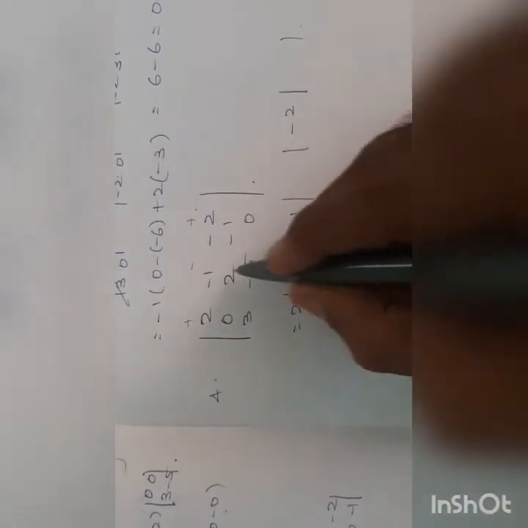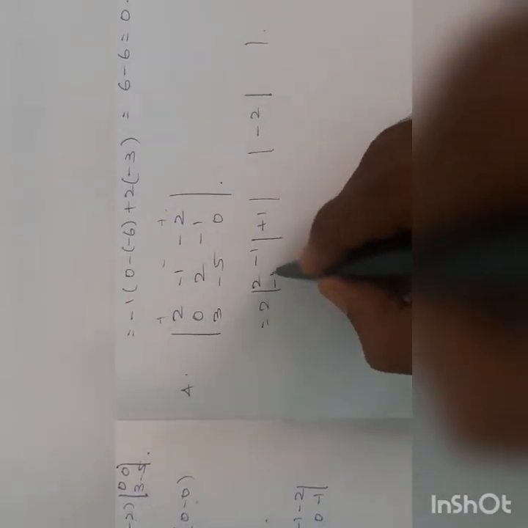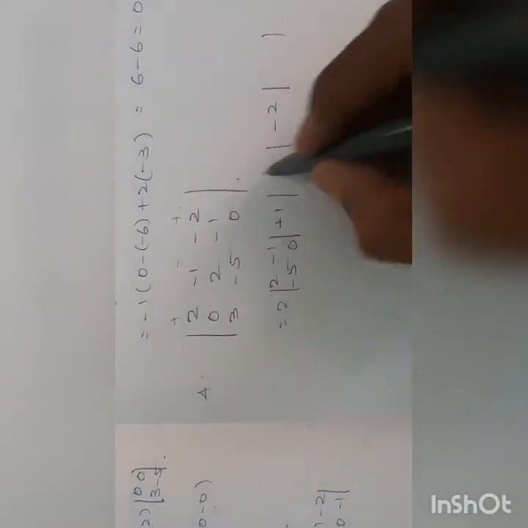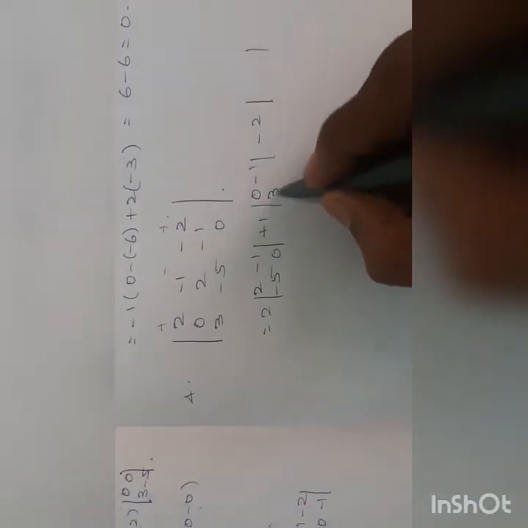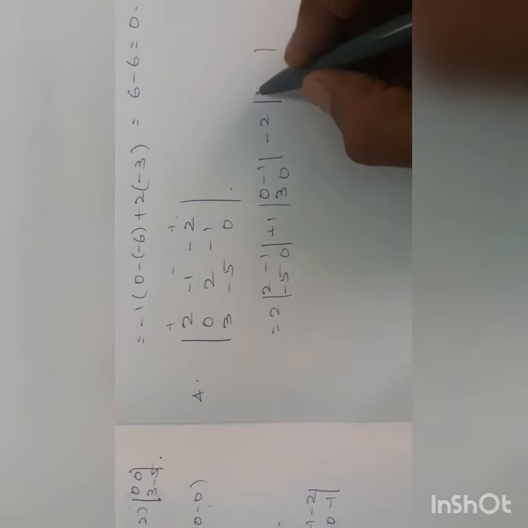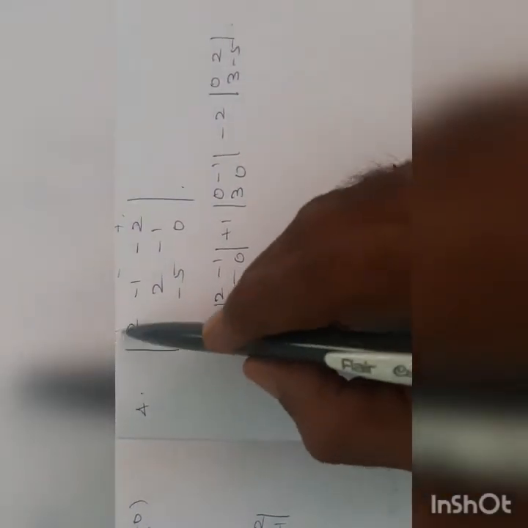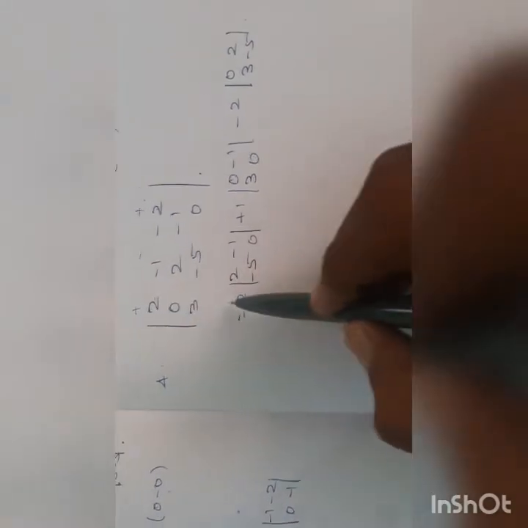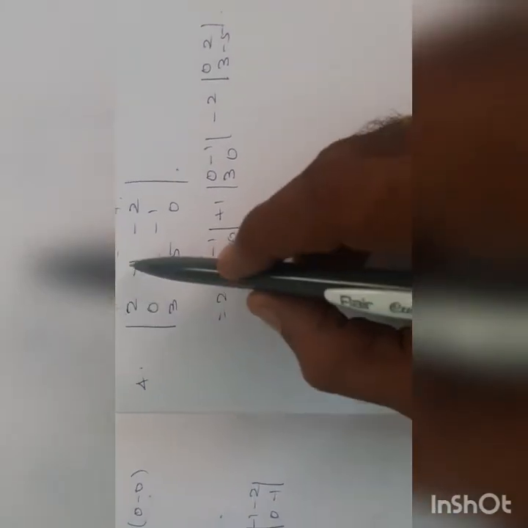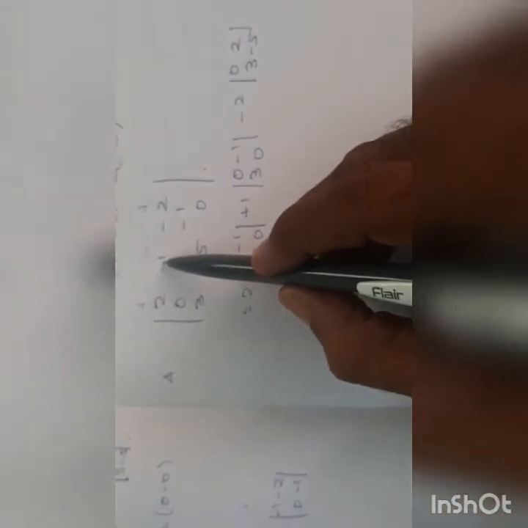Now what are we doing? I am multiplying this number with the corresponding cofactors, this number with the corresponding cofactor, this number with the corresponding cofactors.